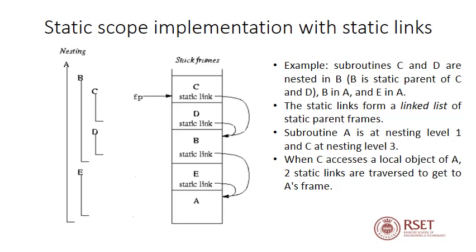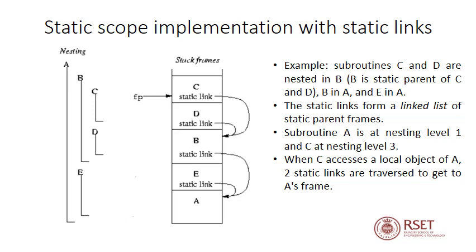You can see a link from the activation record of E to its parent A. Similarly, the subroutine B is a nested subroutine within A, and B can be called from A. B is pushed on top of the activation record of E, and B also has a static link towards its static parent, which is A. Now from within B, we can call the innermost subroutines C and D, which in turn have a static link towards their parent B. So this is how static links are implemented.